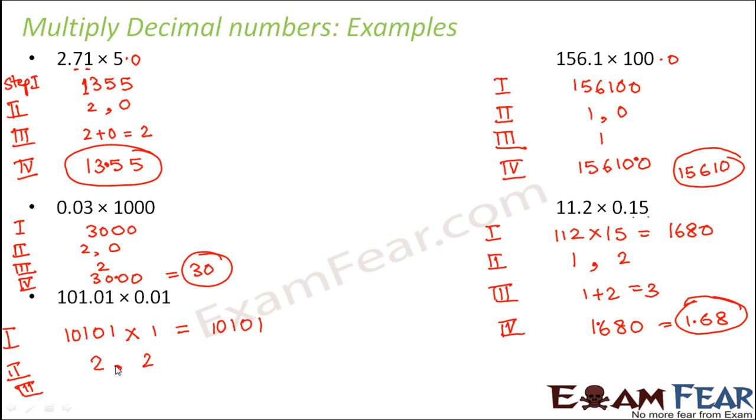In the third step, we find their sum, which is 2 plus 2 equals 4. And in the fourth step, we will place the decimal point such that there are 4 digits after the decimal point. So the answer is 1.0101. So this is how you are going to find the product of decimal numbers.